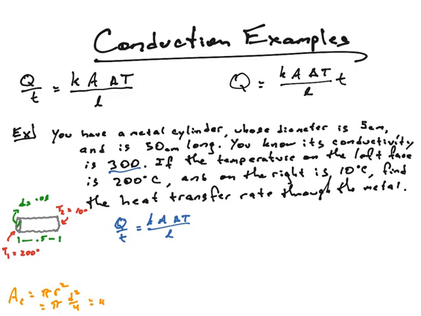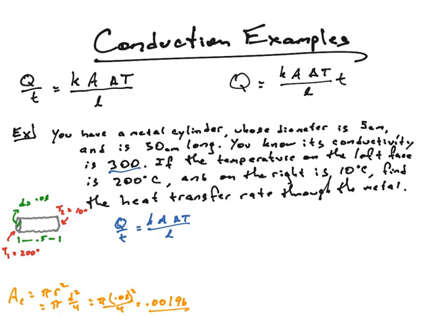So if we do it, we get pi times 0.05 squared over 4. I stick this into my calculator. 0.05 squared times pi over 4. And I get 0.00196.